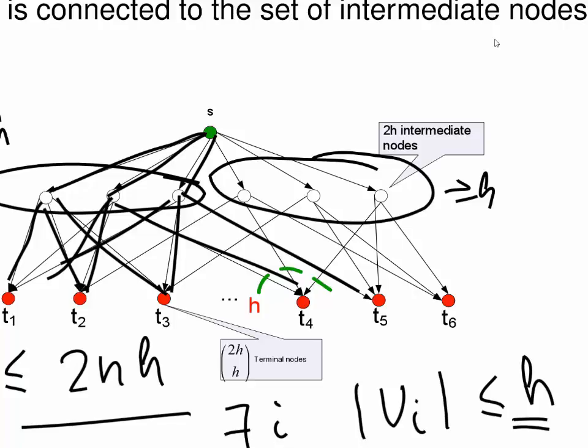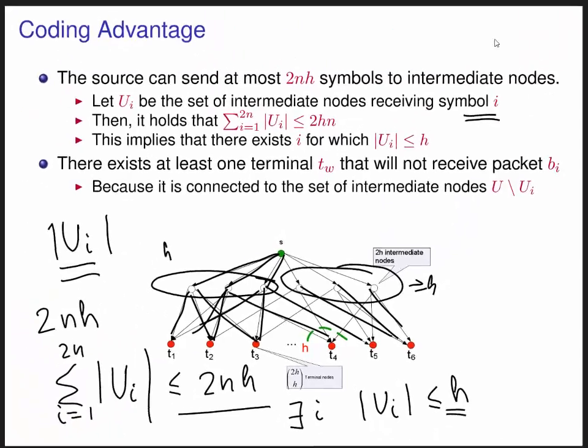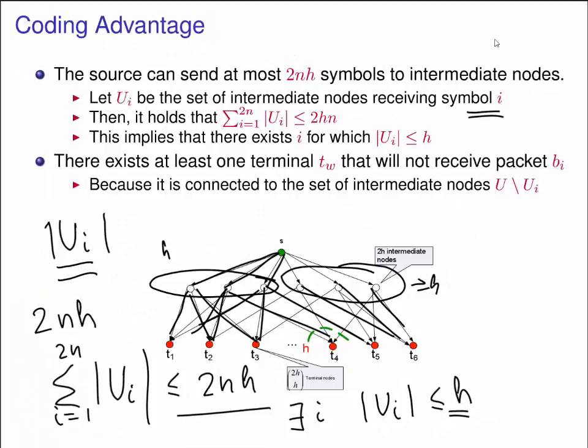From the construction of this network, it follows there exists a terminal that connects to this set. Therefore, this terminal will not be able to receive this packet. And this is a contradiction to the assumption that we can deliver 2n symbols to all of the terminals, right? So we showed that one of the symbols cannot be delivered to one of the terminals.